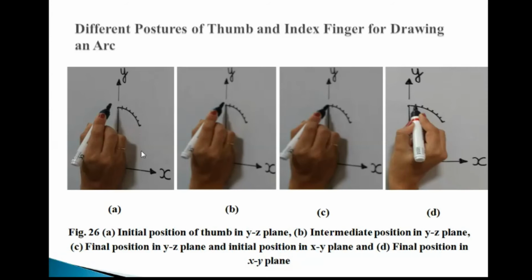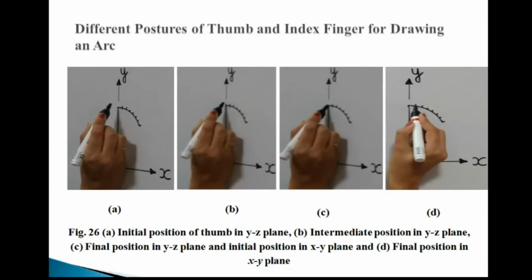Now the snapshots of 4 different positions in the XYZ coordinate system in different planes were taken for a time duration of 10 seconds. So the starting position of the thumb is considered in the YZ plane with the marker pen placed at some distance from the whiteboard.